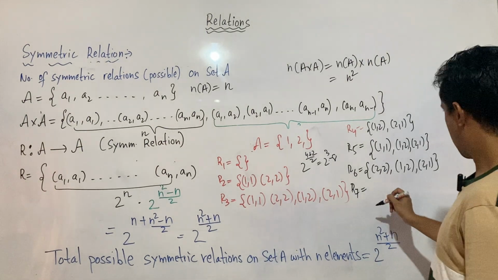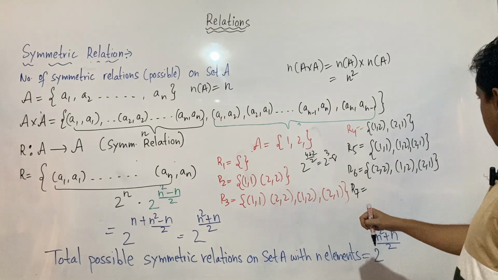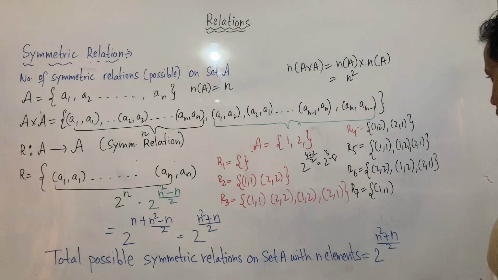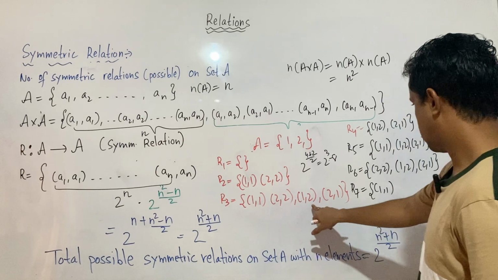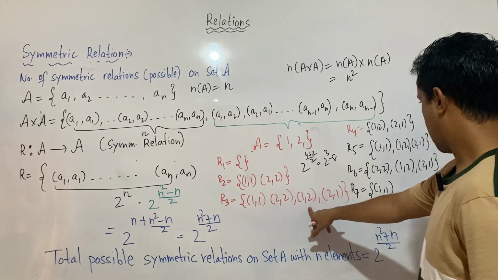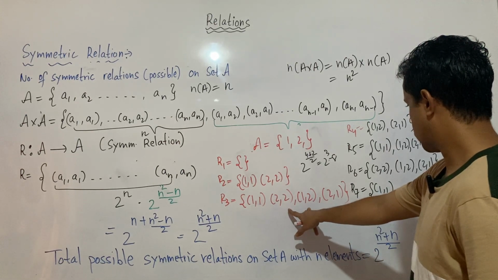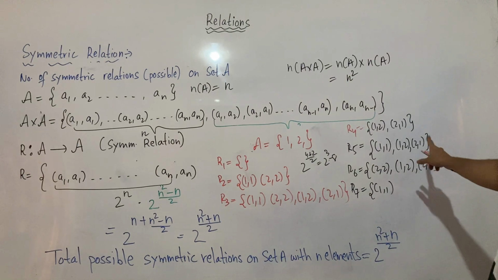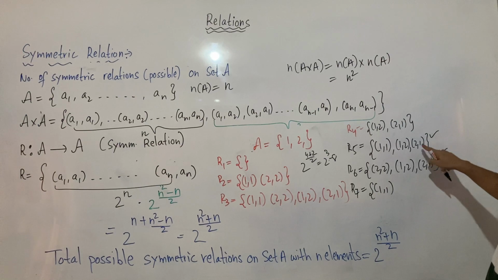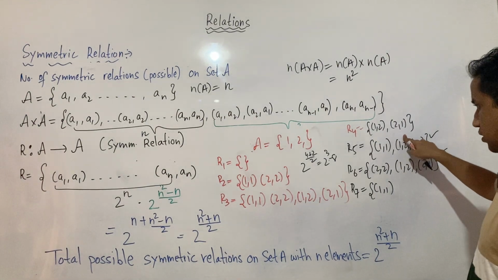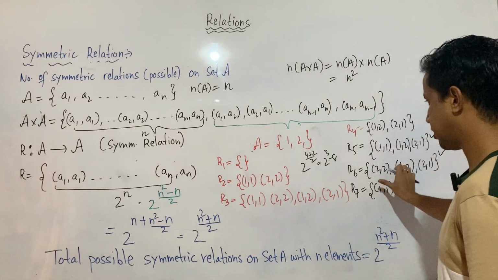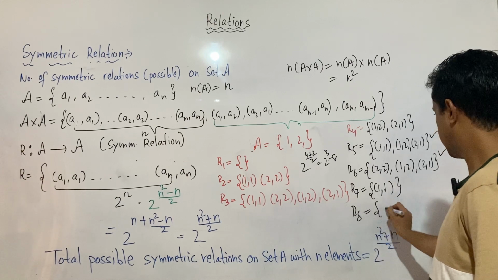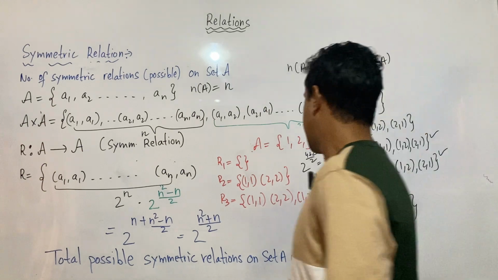Then what is left? (1,1) is done, (2,2) is done. (1,2) alone cannot be done, but (1,2), (2,1), yes, this is okay, fine. Then R8 is going to be just (1,1) alone, and (2,2), right?